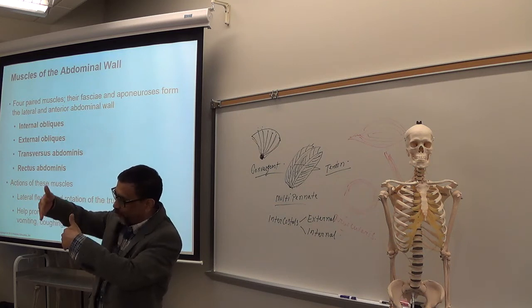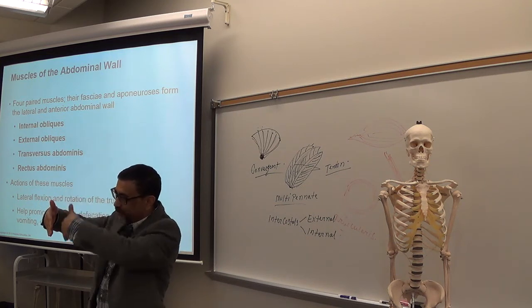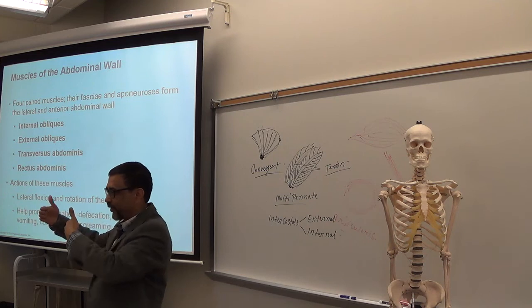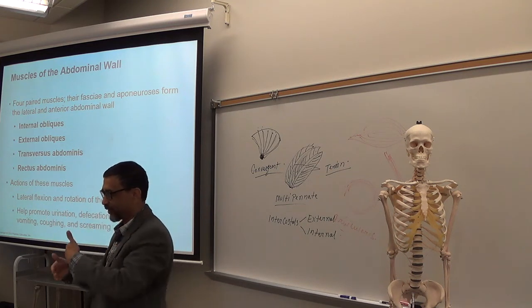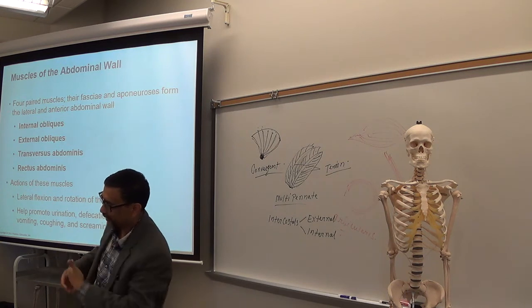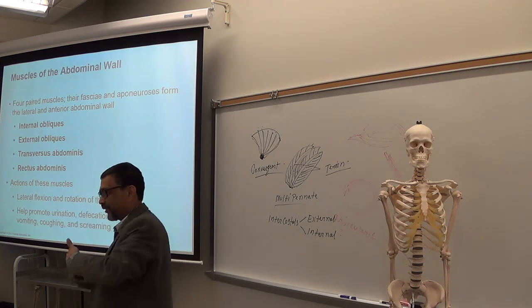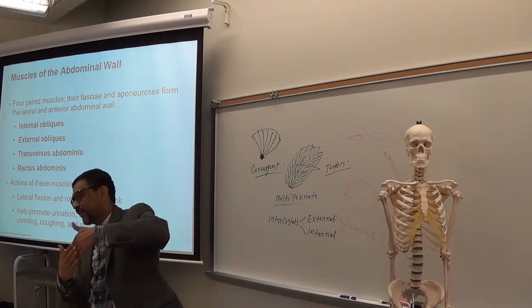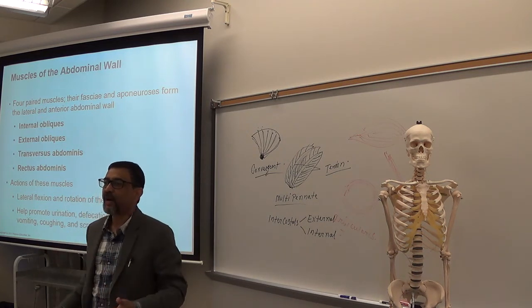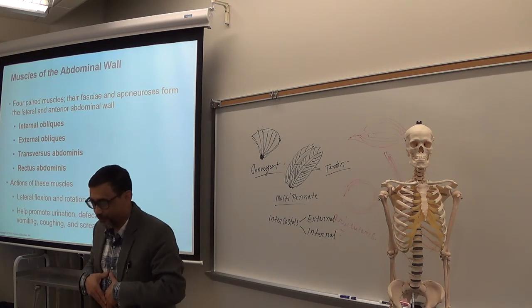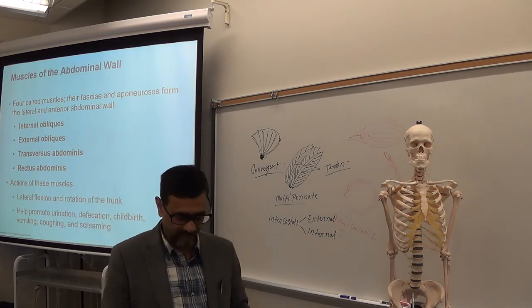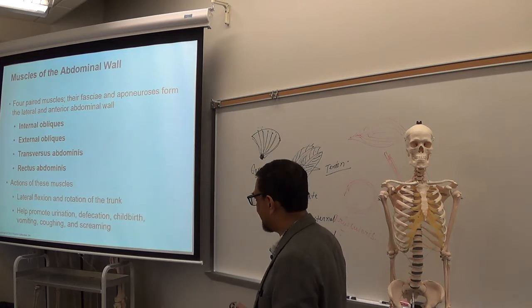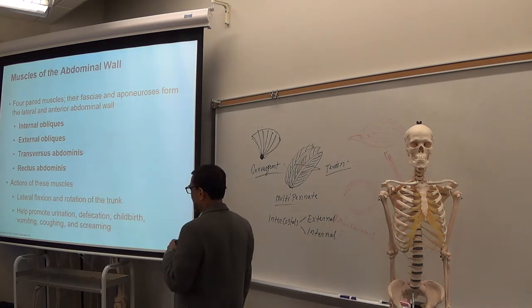So external oblique will move this way, internal oblique will move this way, transversus abdominis will move this way. Make sense? If I want to move this way, external oblique. This way, internal oblique. So that's how we can move the trunk in different directions, because the fibers of these muscles have different directions.